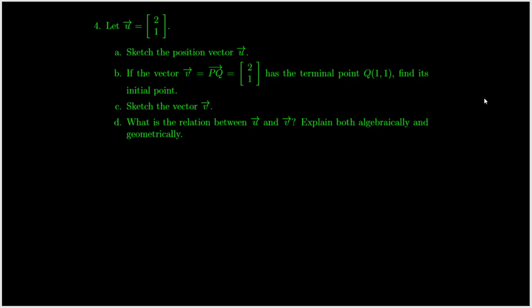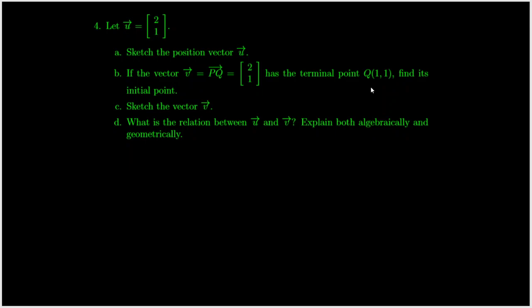Okay. In question 4, you're given a vector u. You're not given the initial or terminal point. But in 4a, I want you to sketch the position vector u. So you know u is a position vector. Okay. A position vector is a vector with the initial point at the origin.